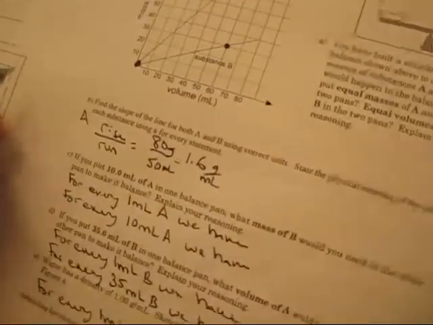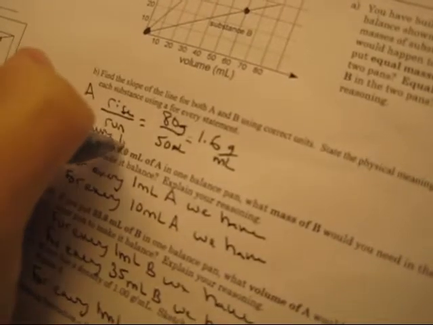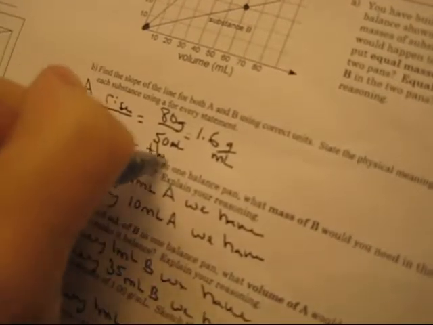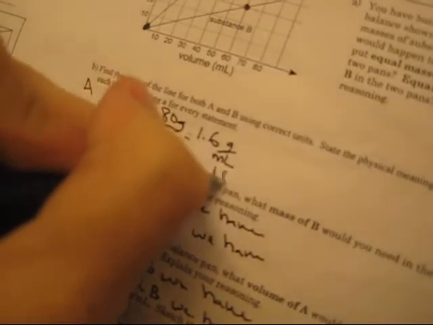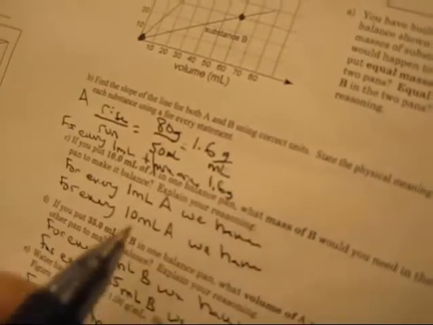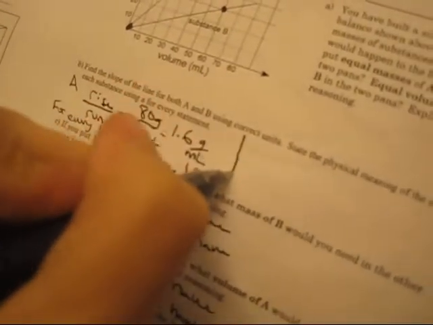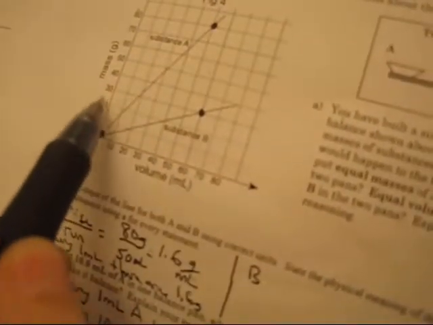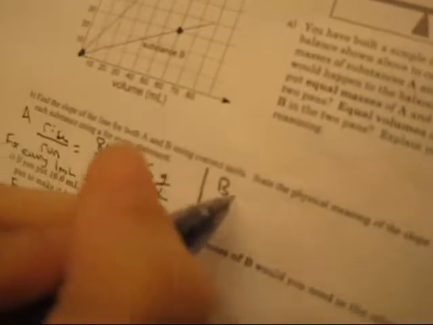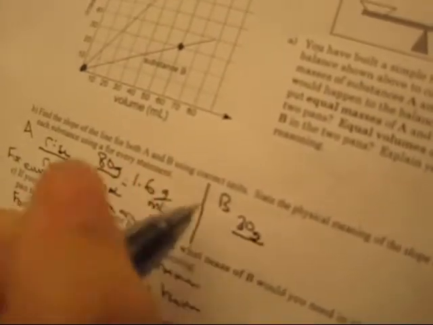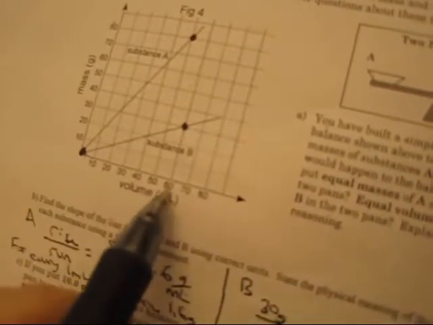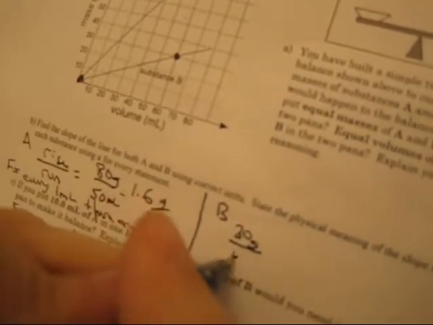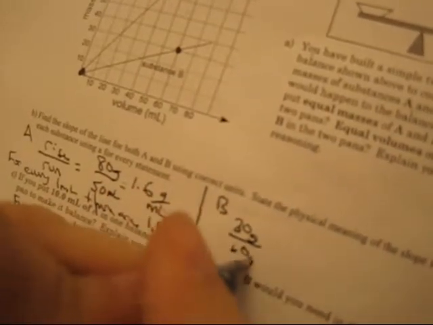Oh, and write a "for every" statement. So for every 1 milliliter, there are 1.6 grams. Okay? So that's A. And B, my rise is from 0 to 30, and that's grams, and my run is from 0 to 60 milliliters, excuse me.